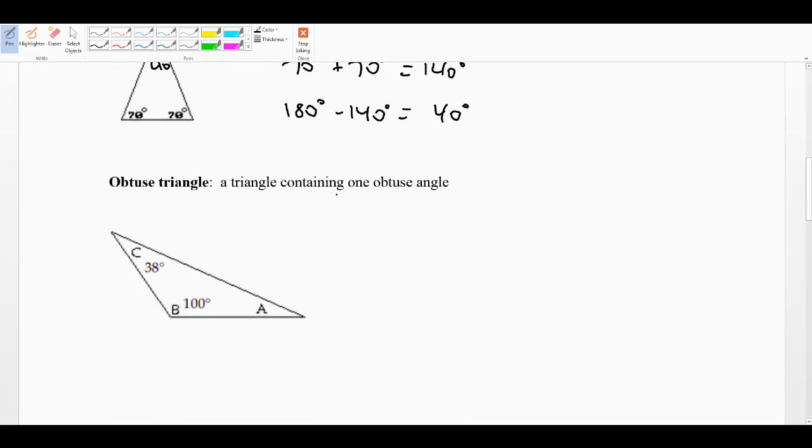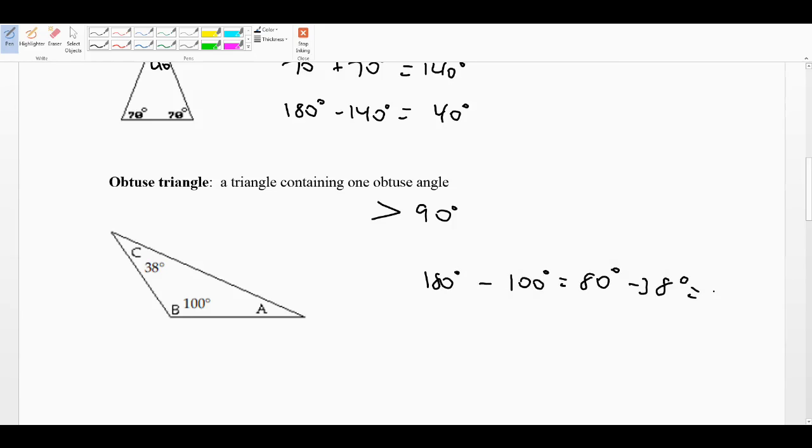An obtuse triangle is a triangle containing one obtuse angle. That means it has one angle that is greater than 90 degrees. So for example, this angle is 100 degrees, which is more than 90 degrees, so therefore the triangle is obtuse. If you want to find angle A, you could take 180 degrees minus 100 degrees, which is 80 degrees.